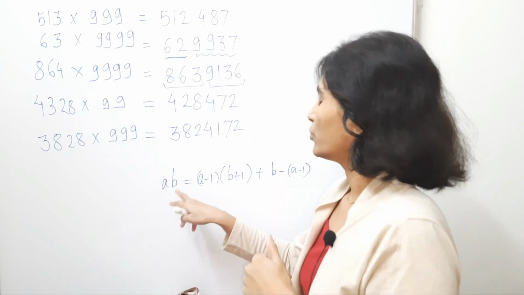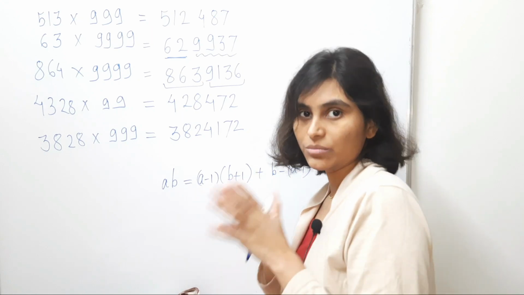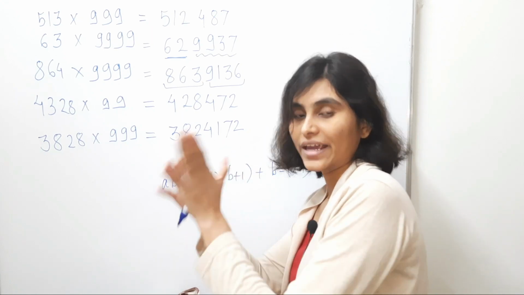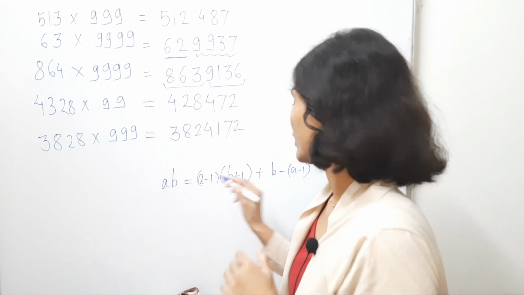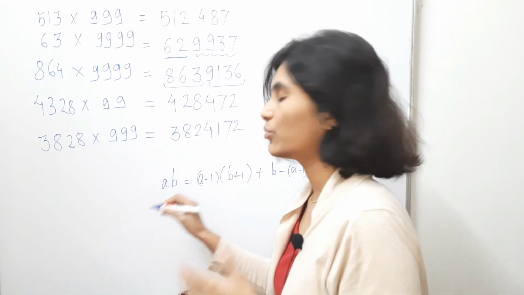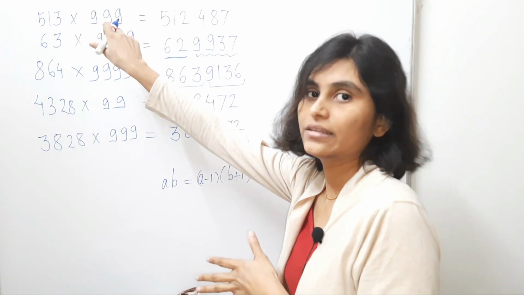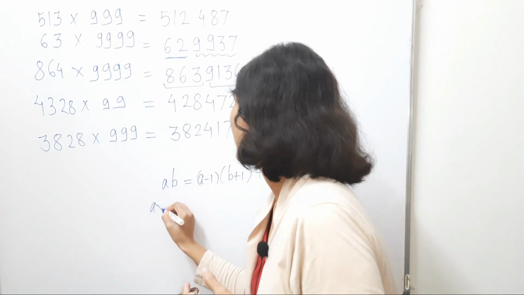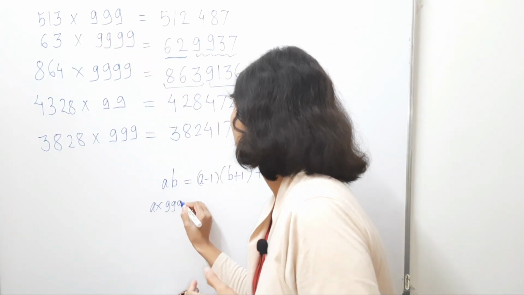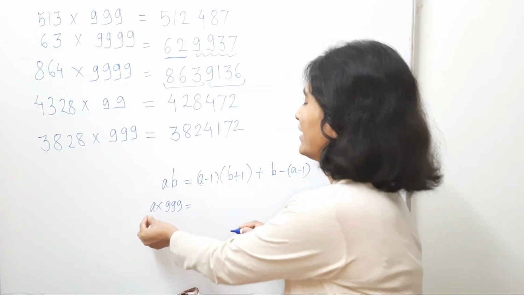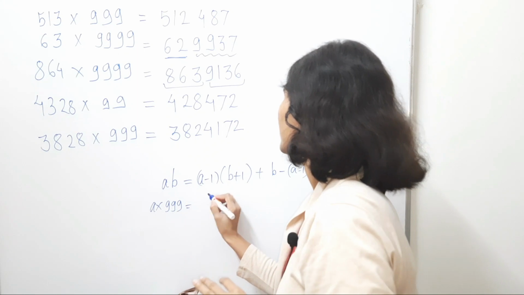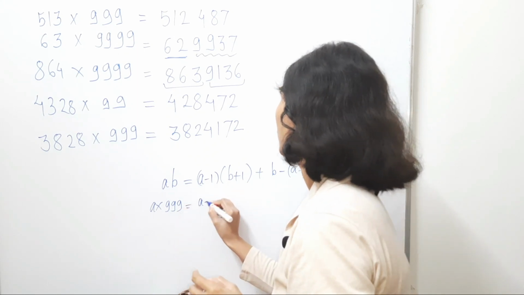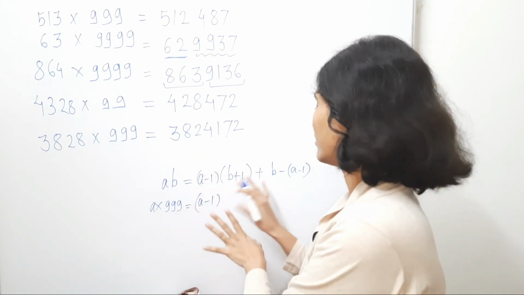Now, if we put B equal to some number, say 99 or 999 or 9999, then let's see what happens. So let me put B as 999. So here we have A into 999 is equal to, A is some number, right? Here it is 513. So let me put this A minus 1 as it is.